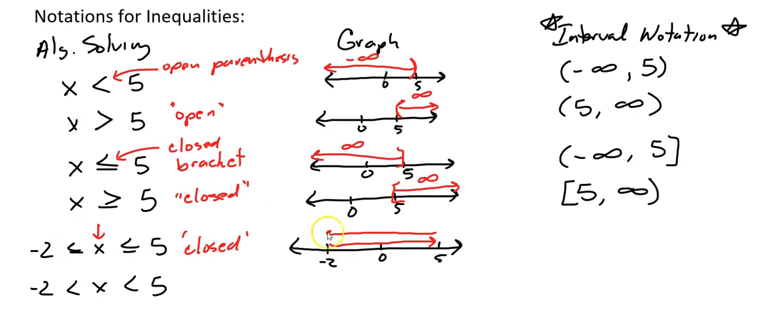There's a bracket here, so we can put a bracket in between them. This is saying that x is anything in between, even including negative 2 and 5. Whenever we write this in interval notation, we just write brackets, negative 2, comma, 5.